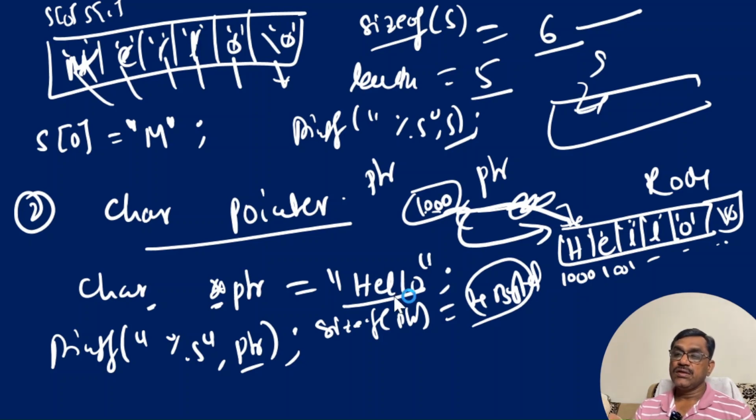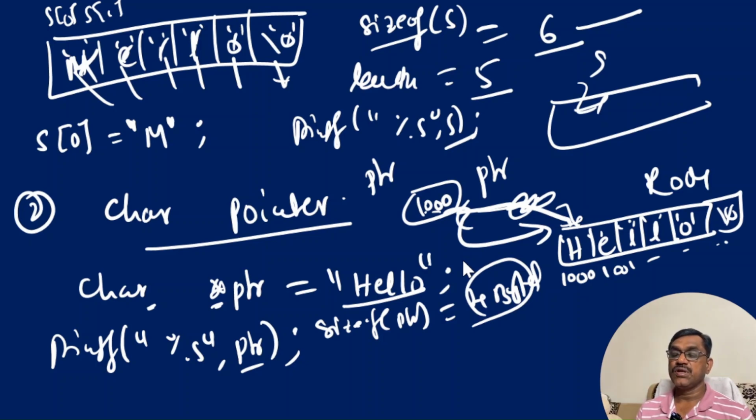So in the character array, the size of the array is fixed, but for the character pointer, the size of the array is not fixed. And when we print the sizeof ptr, it gives only 4 bytes. It's not going to give the number of characters which are stored somewhere. What I want to say here is, whenever we use a character pointer and store the string, that string is stored somewhere, in read-only memory, and that string cannot be modified.